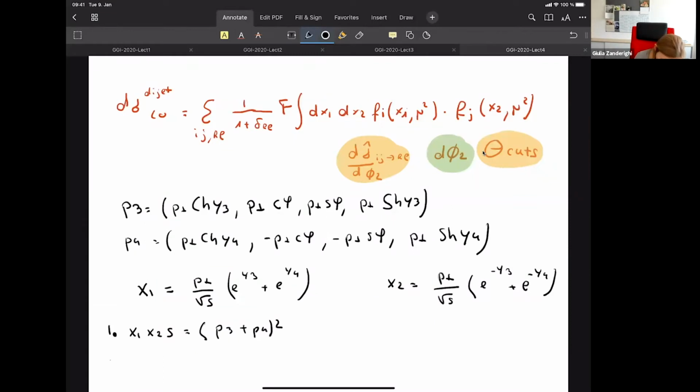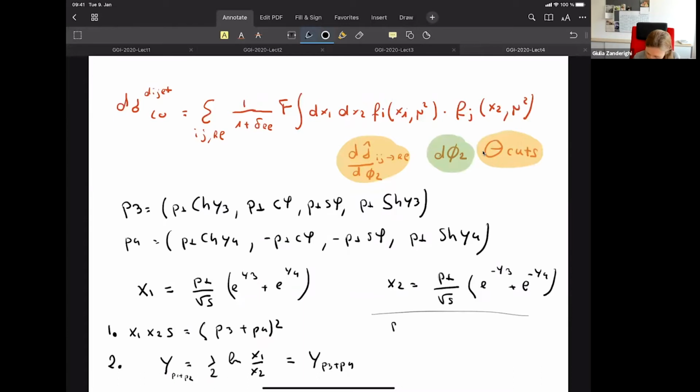The second relation is you use the rapidity of the system. You use that the rapidity of the center of mass system is 1/2 log of x1 over x2. Then you equate this rapidity to the rapidity of P3 plus P4, which is essentially the rapidity of P1 plus P2. This is really easy to show.